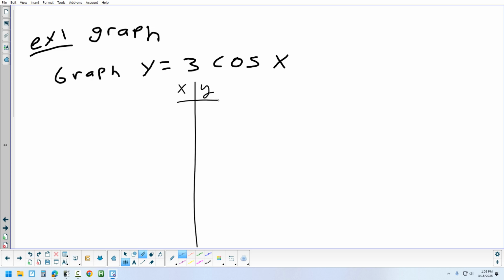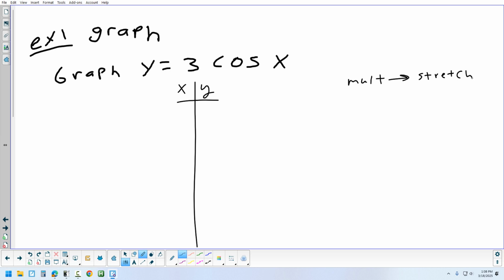Okay, so first 2 questions you should always ask. What are you doing? What operation? And where are you doing it? What operation are we doing this time? Cosine? So that's the trig function, but what arithmetic are we doing? You're multiplying? Multiplying, yes. So multiplying is always a what? This is always a stretch.